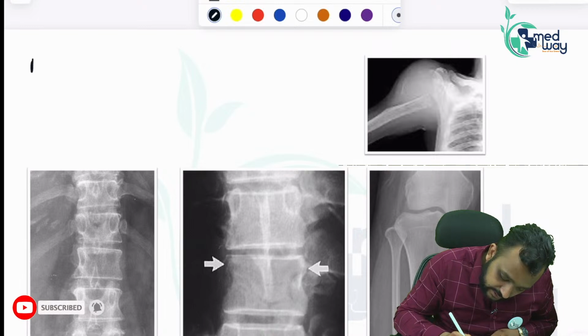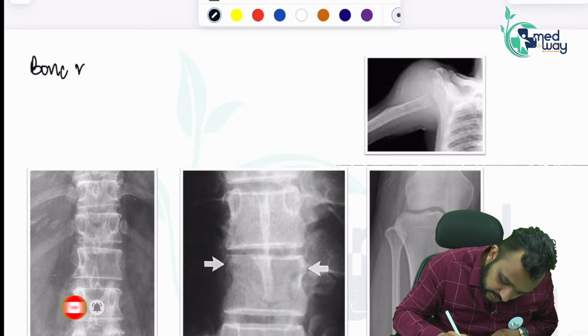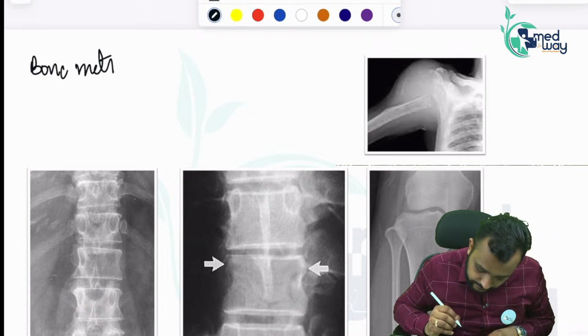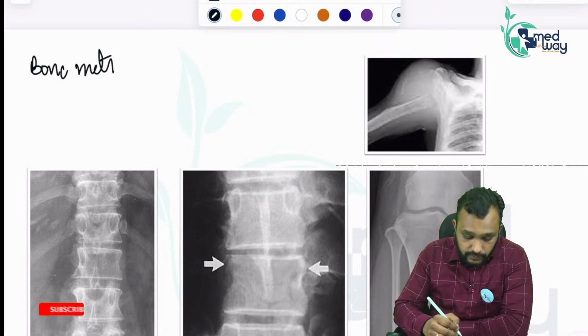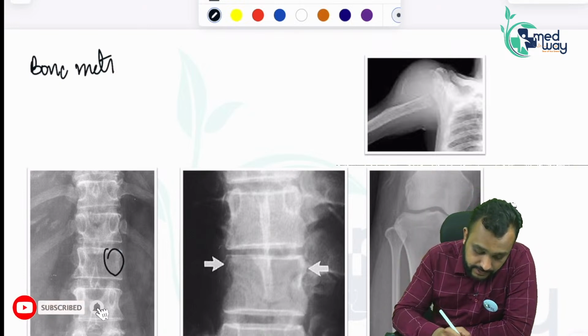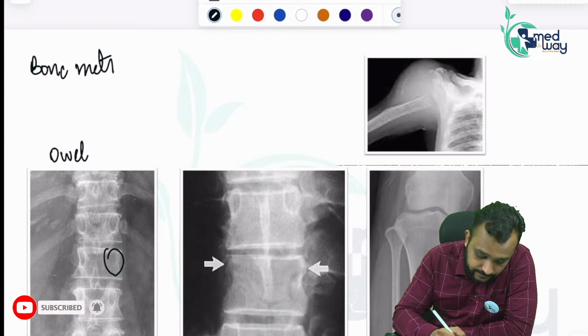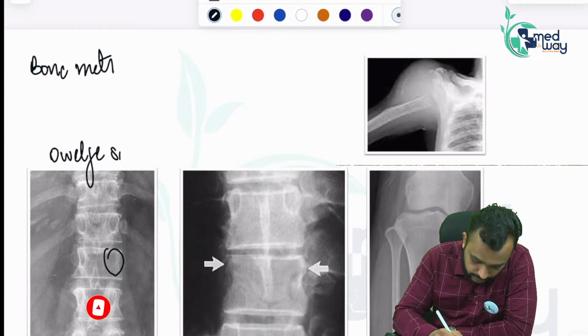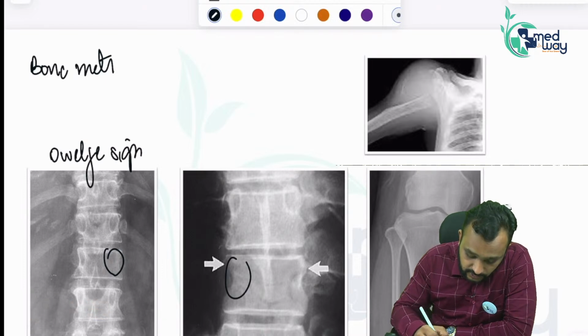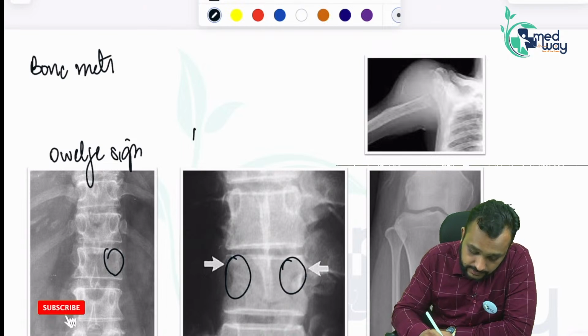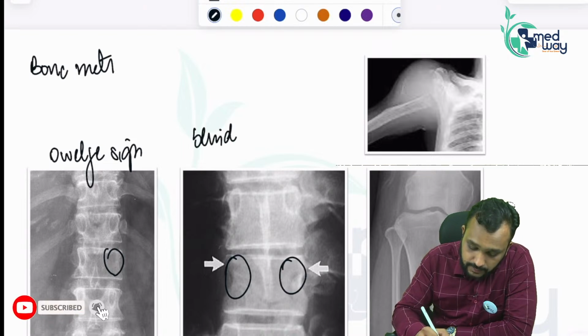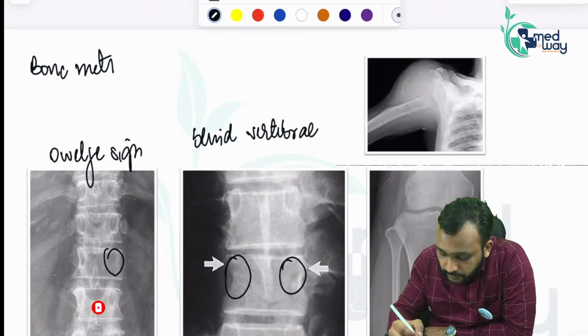Bone mets, again few questions are asked, okay. So there is destruction of the pedicle. This is your owl eye sign, okay. When there is destruction of both the pedicles, this is your blind vertebra, destruction of both the pedicles in metastasis of the bone.